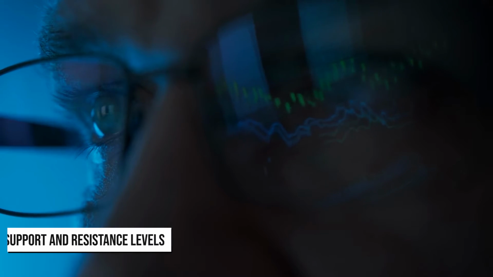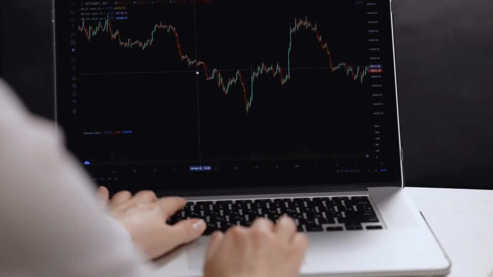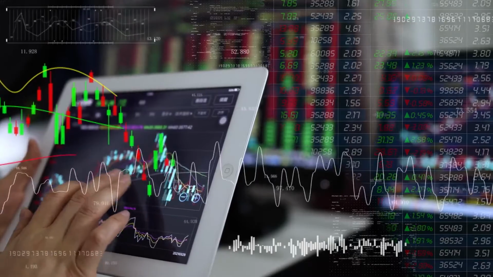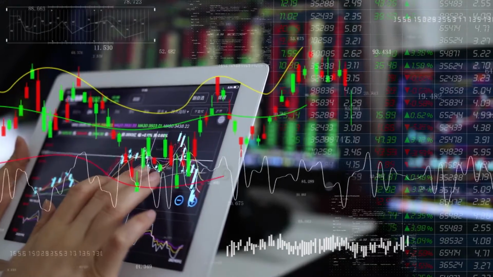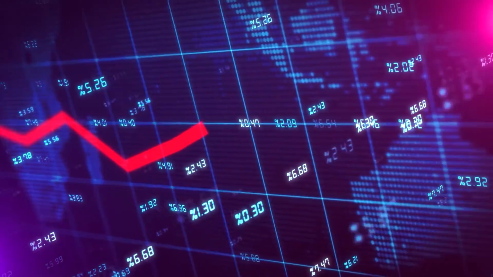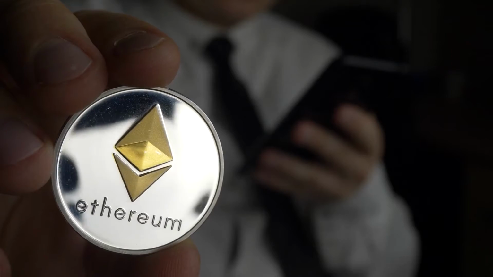Learn support and resistance levels. Now you're ready to start looking at support and resistance levels. These are the foundation of technical analysis. A support level is a price point at which the asset in question doesn't go any lower, at least for the time being. A resistance level is a price point at which the asset doesn't go any higher, at least for the time being.